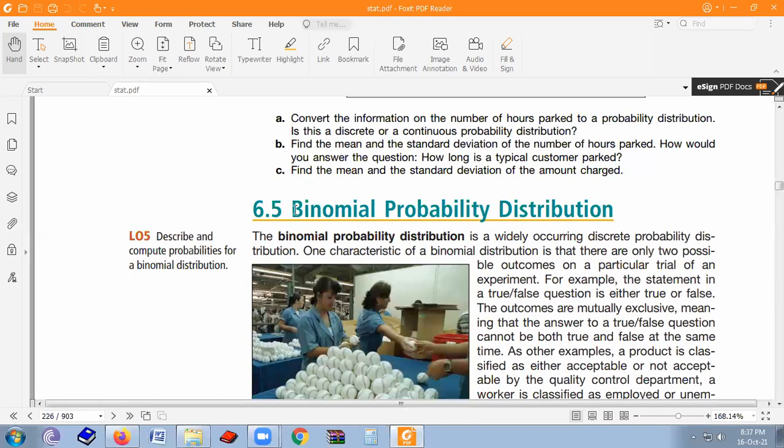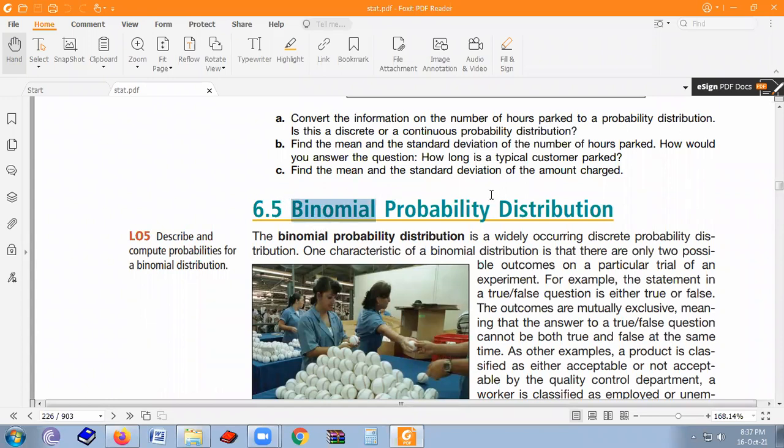So binomial probability distribution, a specific discrete probability distribution, is called the binomial probability distribution. Binomial means this distribution has only two possible outcomes.